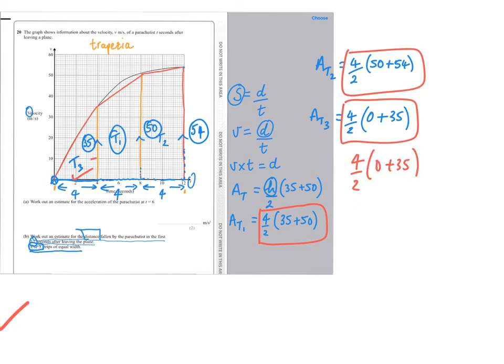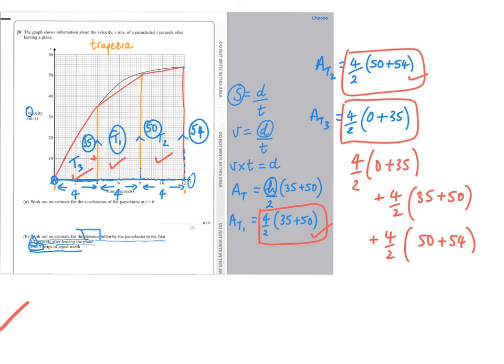And then let's add it to the next one, which we call T1 here, which is 4 over 2 lots of 35 plus 50. And then finally let's add it to this one in order, and that's 4 over 2 lots of 50 plus 54.